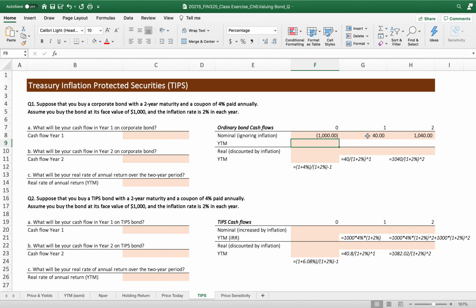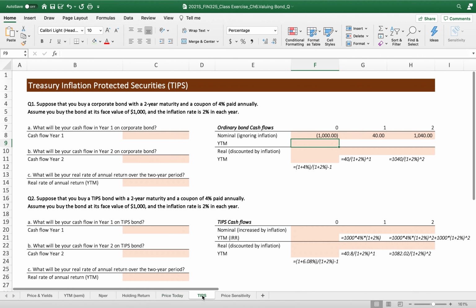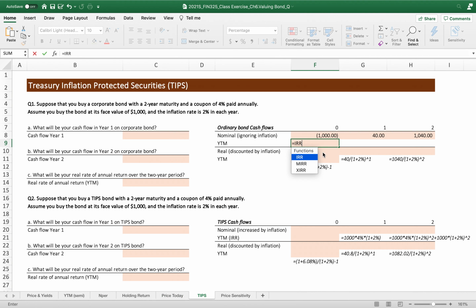In this case, we have different future cash flows, so we cannot use the magic table of bonds, right? Instead, we can use IRR. Do you remember internal rate of return? It makes the future cash flows, discounted by the market rate, which is the IRR or YTM, the same as the current value of $1,000.